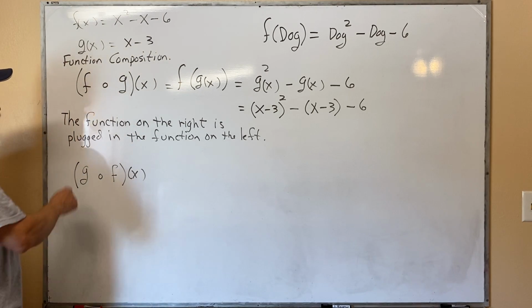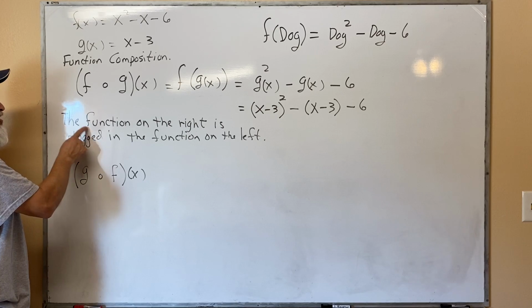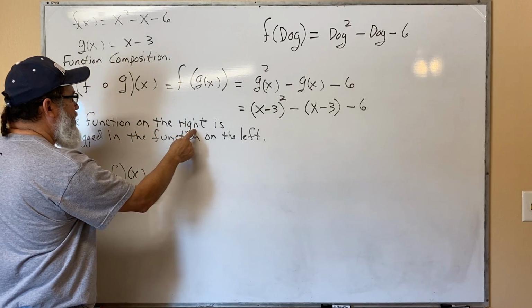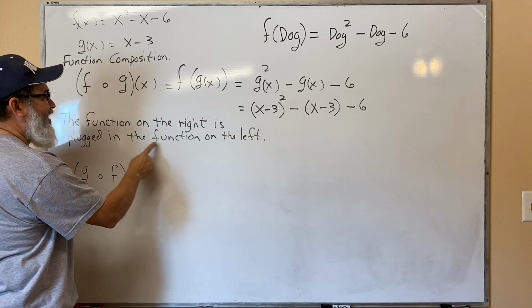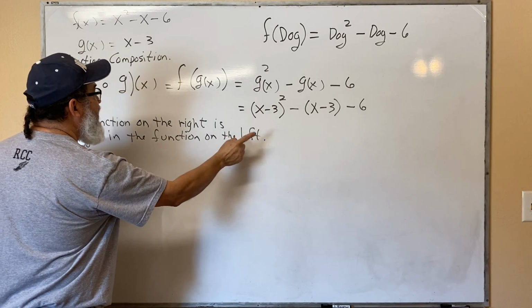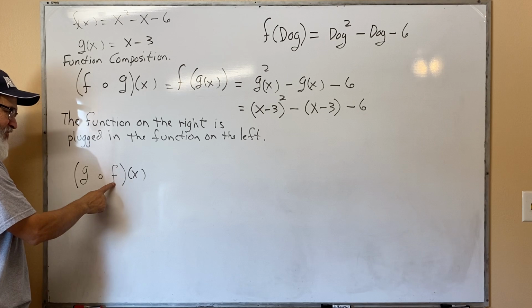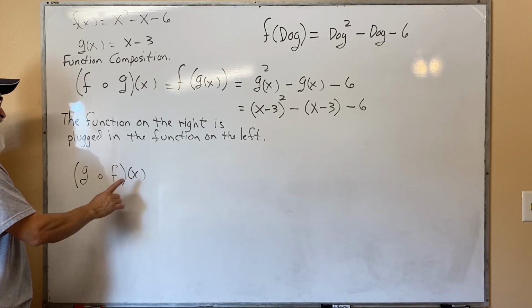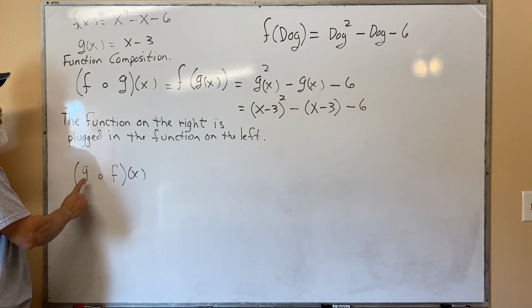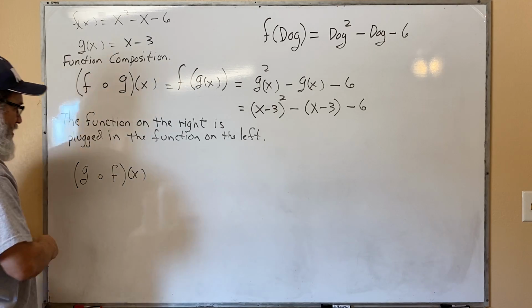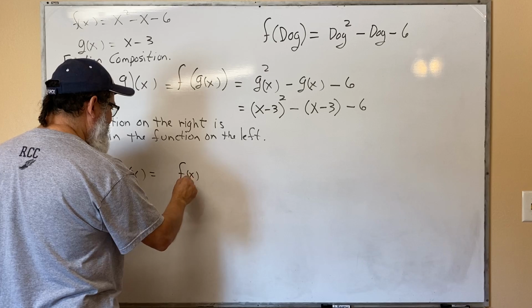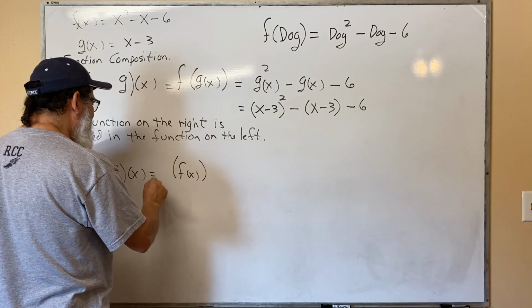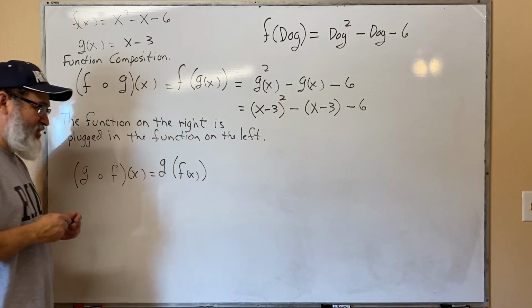Well, according to this, the function on the right is plugged in the function on the left. So this f is on the right and f is plugged in g. Okay? So therefore, f of x is plugged in where? G. There you go.